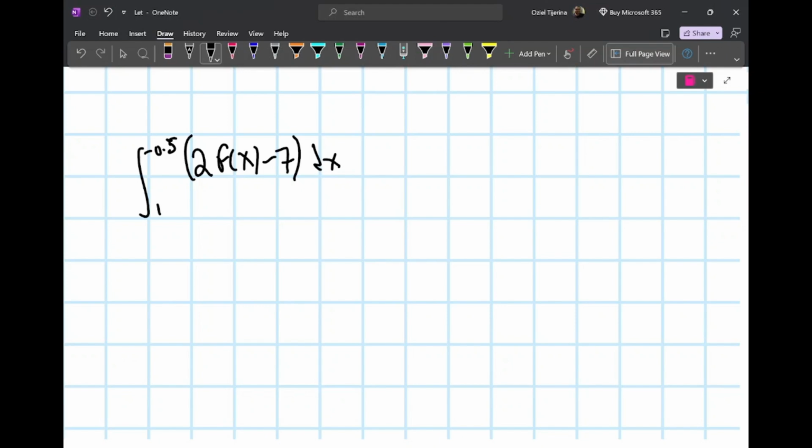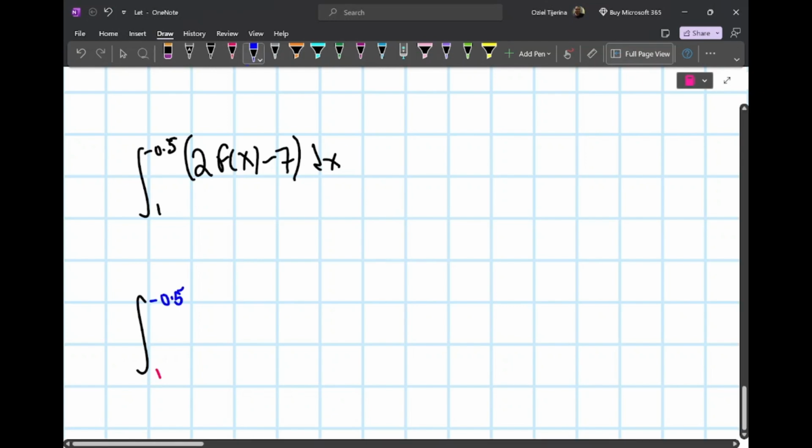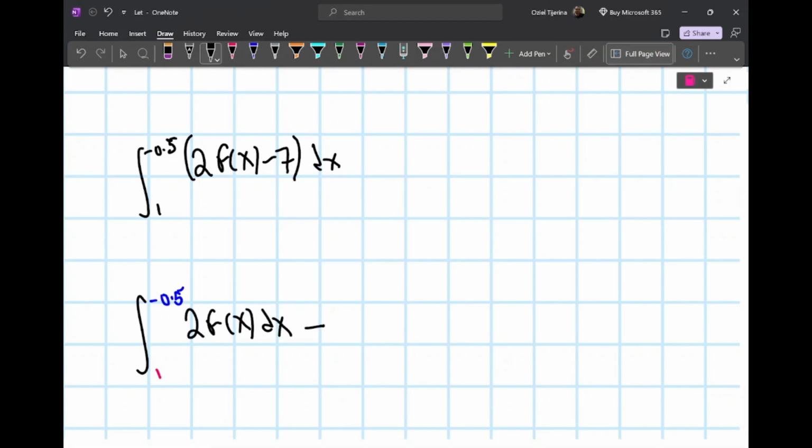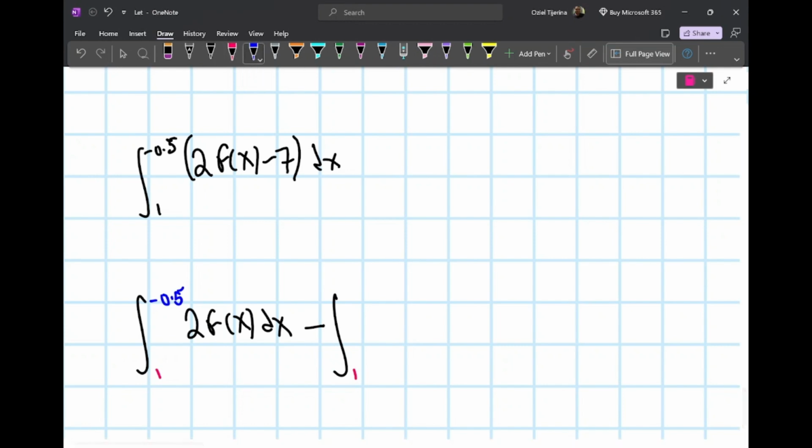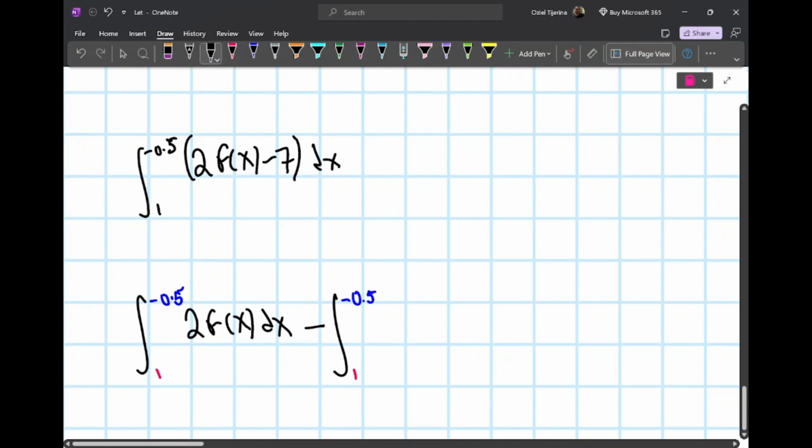Actually, the way I'm going to do this is, I'm going to say that this is equal to the integral from 1 to negative 0.5 of 2 f of x dx, and then minus the integral from 1 to negative 0.5 of 7 dx. It should be something like this.